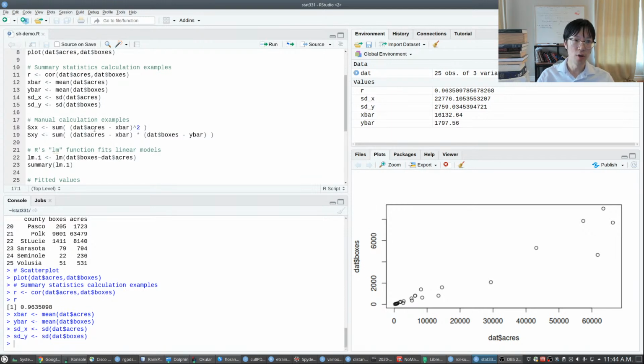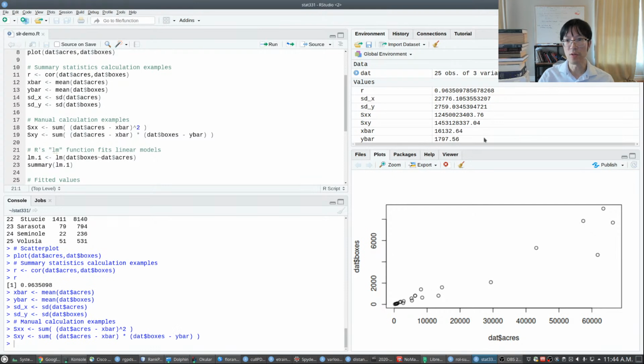So when I do this part, xi minus x bar, and then yi minus y bar, the multiplication multiplies them element by element, and so summing this in fact does give me the sum of the xy cross term. Okay, so those are just some manual calculations, and you see the numbers that I wrote for you on the board just now.